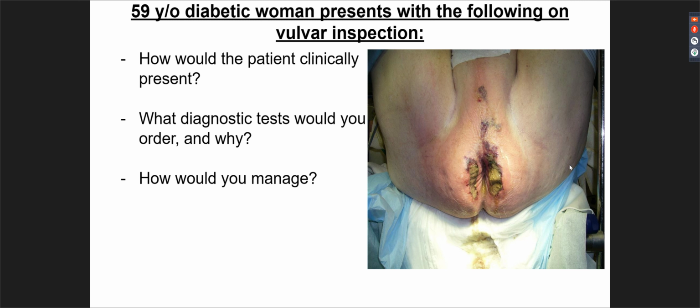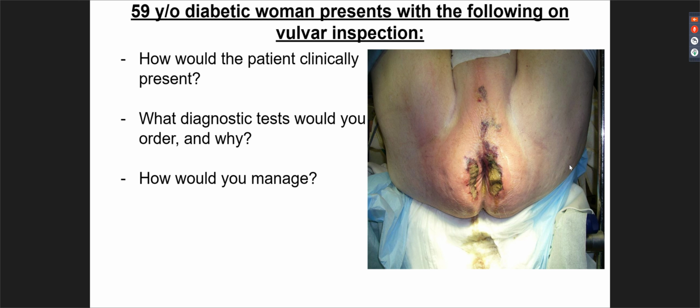What else would you do? So you start her on antibiotics. Yes, and then ultimately this patient needs to go to the OR for a debridement. Typically I would do this ideally with the aid of GYN oncology or general surgery to make sure that she has the best surgical outcome.